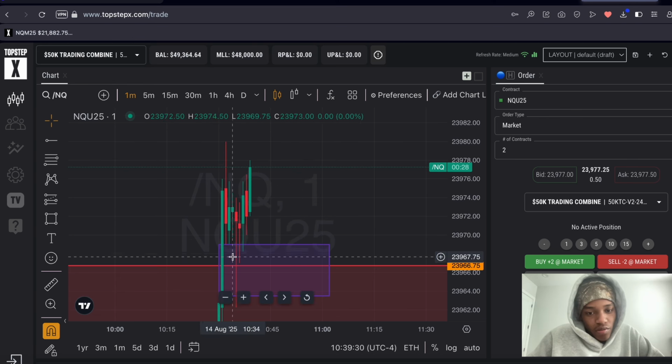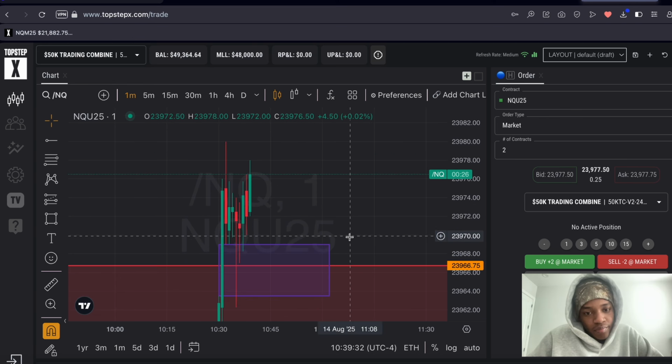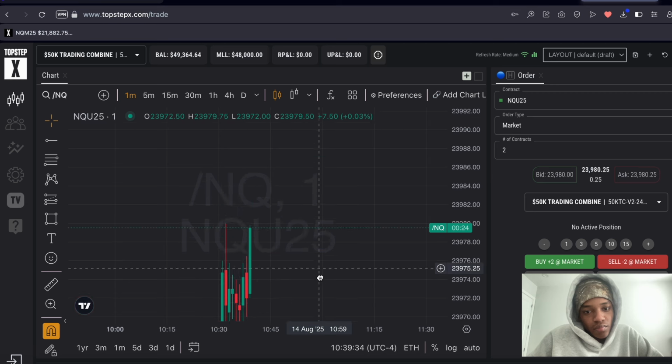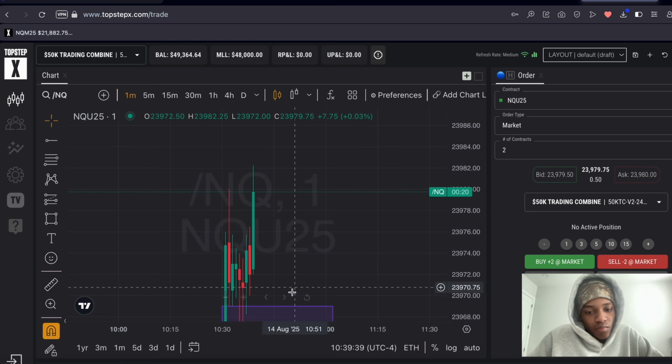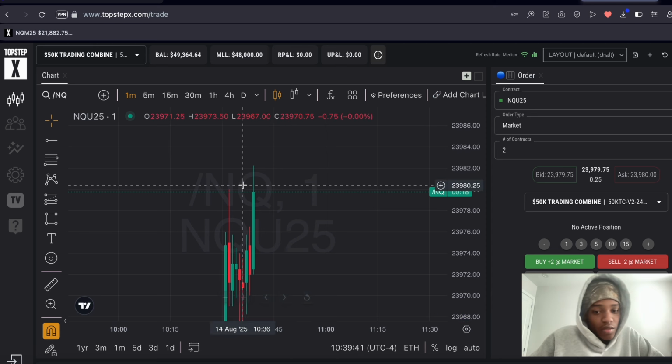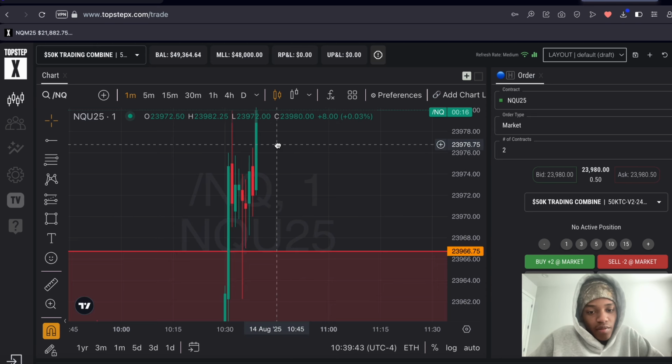Man, this thing tapped in there 3 times, bro. Wow. Yep. Can't use this no more. Gotta see if I can choose another fair value gap.